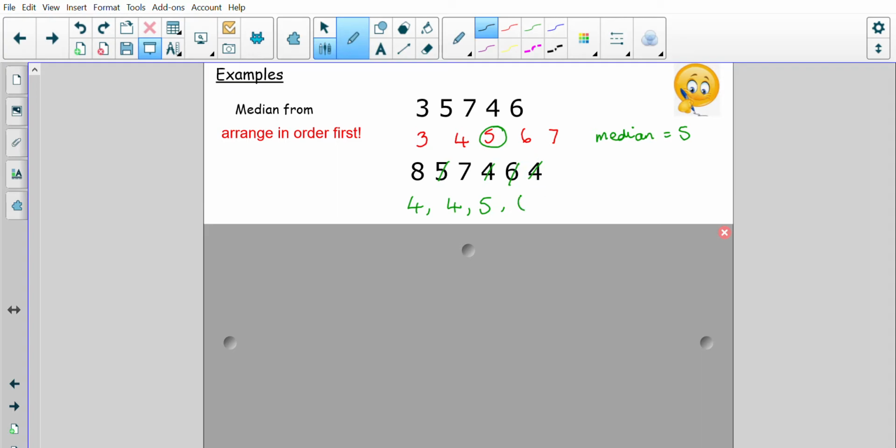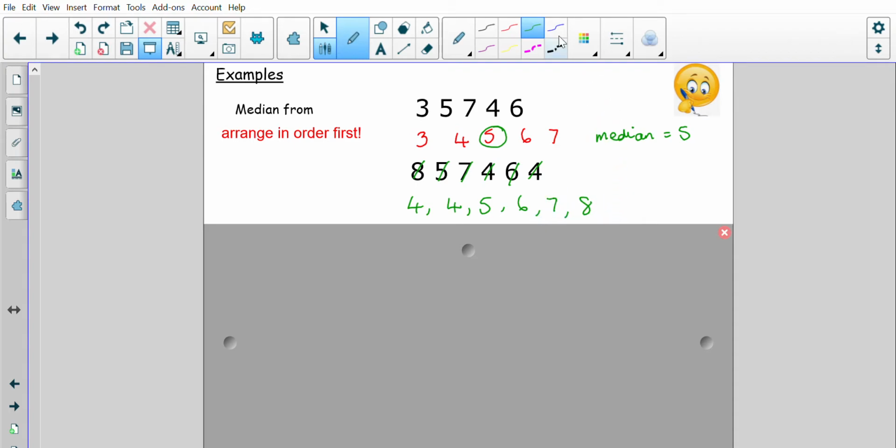And I've got a 6, a 7, and an 8. So I've got 2 4s, a 5, a 6, a 7 and an 8. I've missed out the 7, haven't I? Let's just pop that 7 in there. 6, a 7 and an 8.